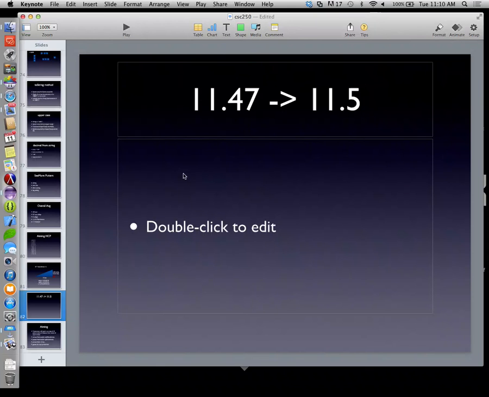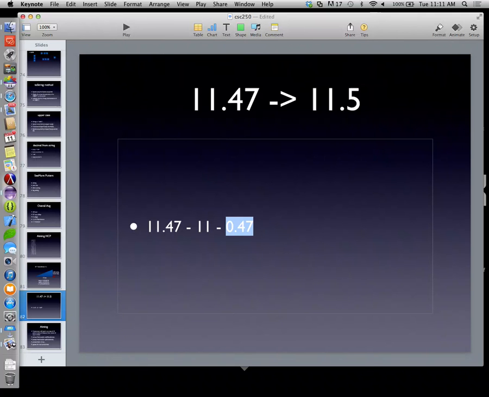At 11.25. So if I took 11.47 and I subtracted from that 11, I would be left with the 0.47, correct? So that gets me that piece. How do I do that math?